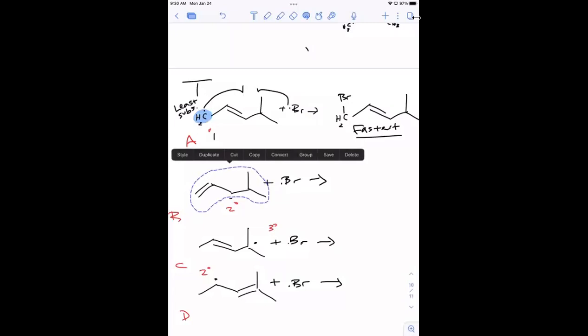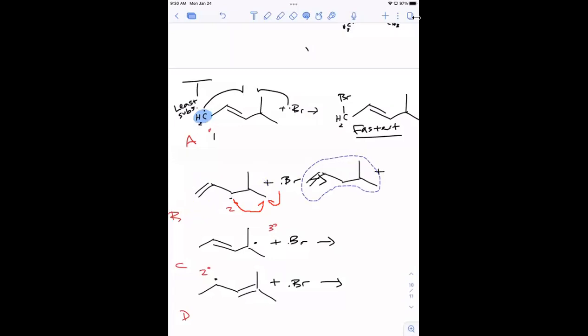I'm going to steal it and put the product in. So we're going to get this product with a bromine here. Is that right? Yeah. All right, somebody do C. Anybody, you can annotate the screen and put the arrows in.